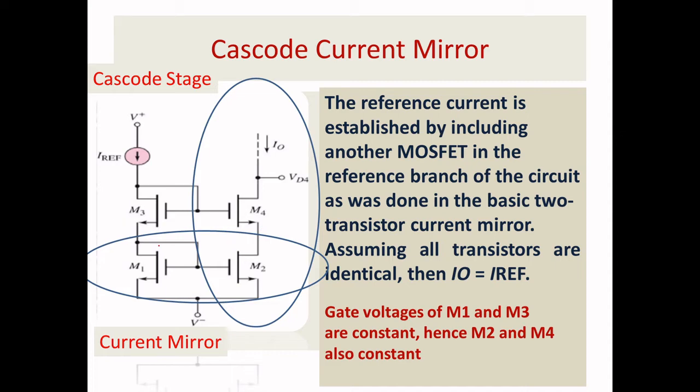This is in series and this is in series, so this is something like a two-transistor current mirror. This is one current mirror and this is another current mirror, like a stack of two mirror circuits. If you consider all are identical, your I naught is equal to IRF. This is our assumption.